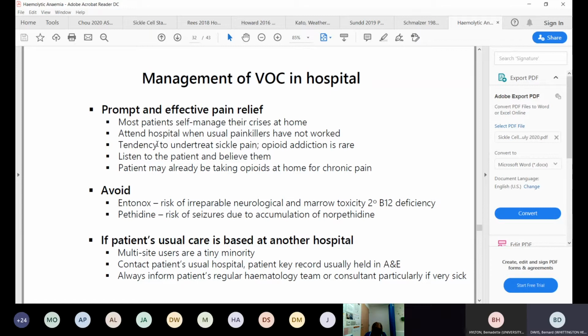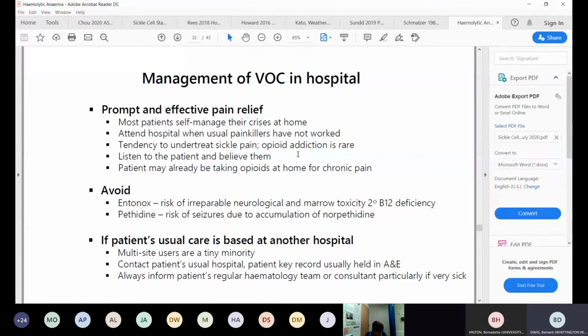And I've observed in the years of treating sickle cell that we tend to undertreat the pain because of concerns about opioid addiction. Now, that's actually not quite correct. True addiction is rare. Some patients will be tolerant of opiates because they've been on them, but true addiction is rare.